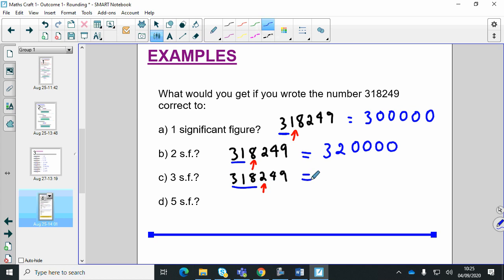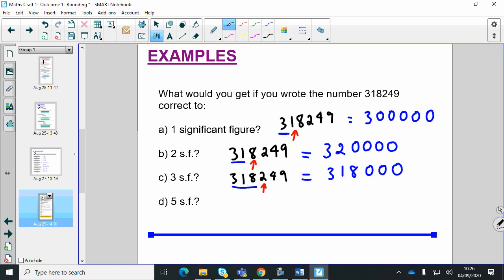Now, because the 2 is less than 5, that 8 is going to stay the same. So we're going to write 318, and then the numbers that we've not underlined become zeros. So an even better approximation of the population of that city would be 318,000.